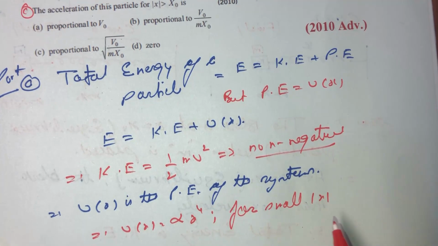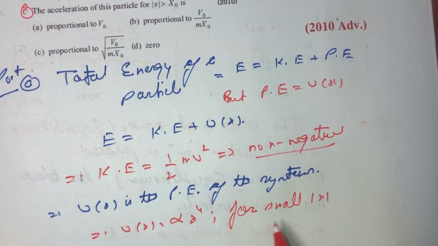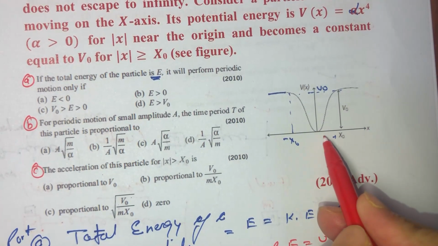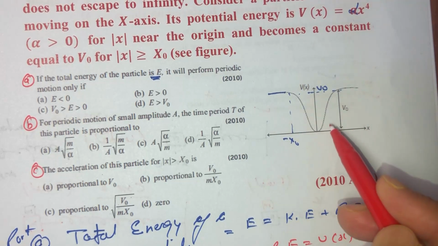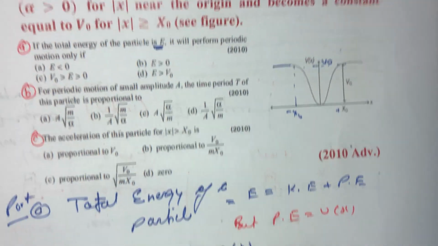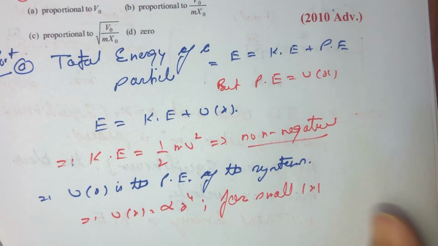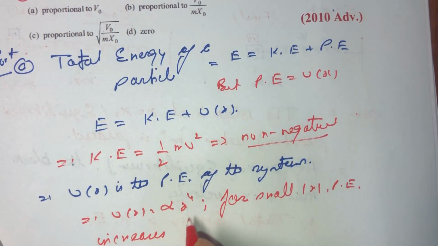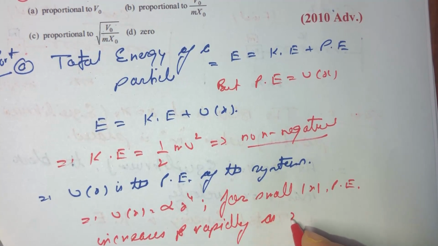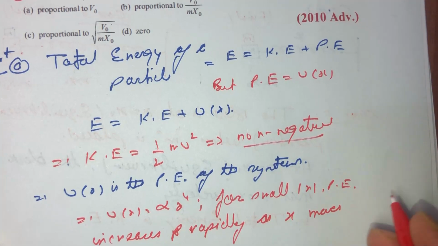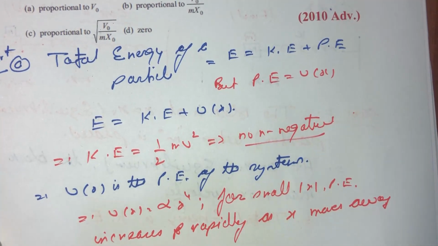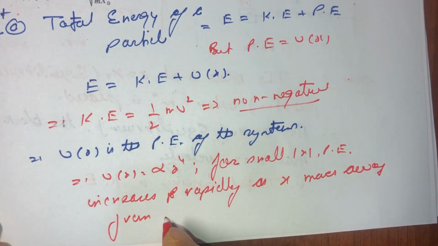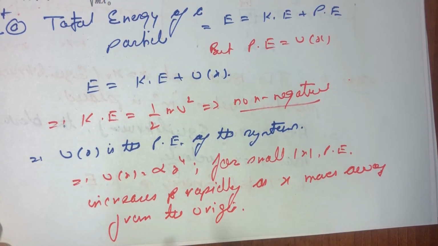For small x the potential energy increases rapidly as x moves away from the origin. This is clear from the graph: as x moves away from the origin, there is a sharp increase in the potential energy V(x).